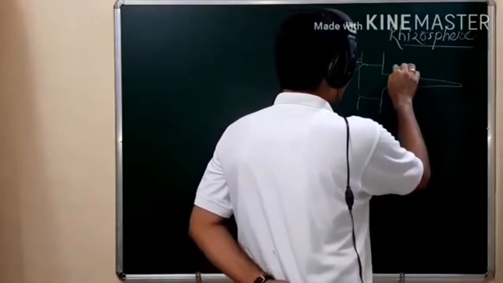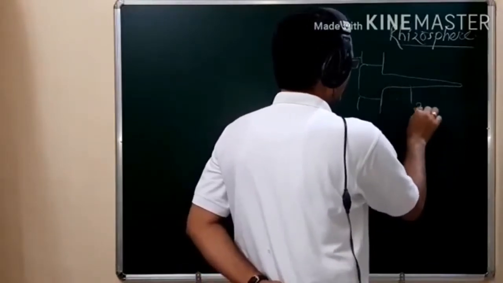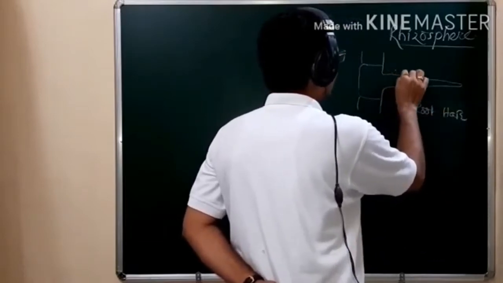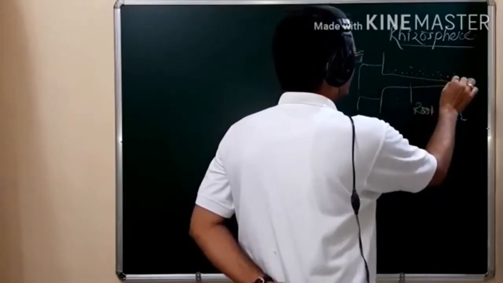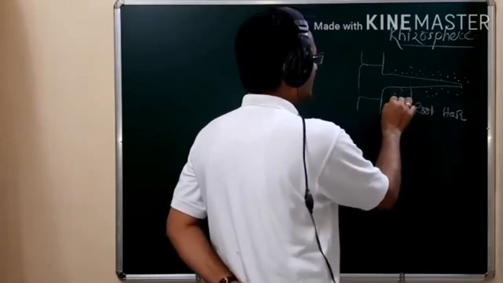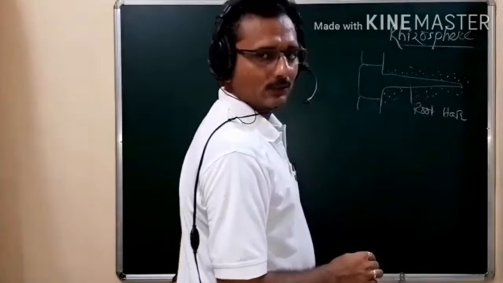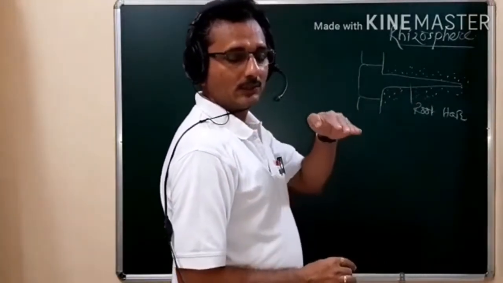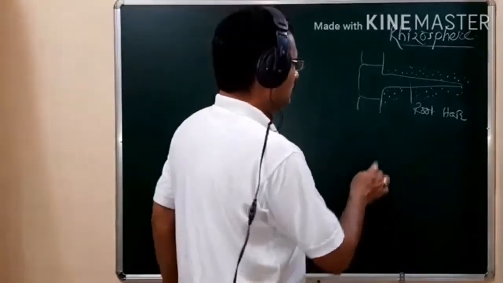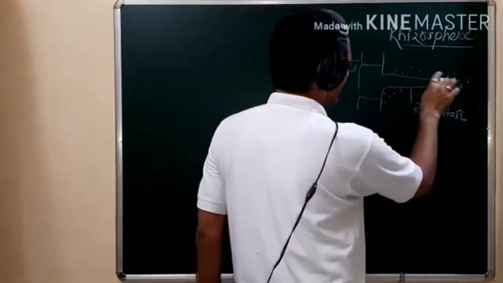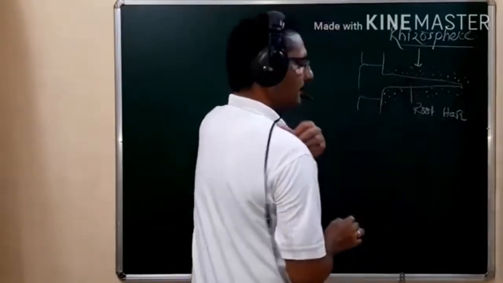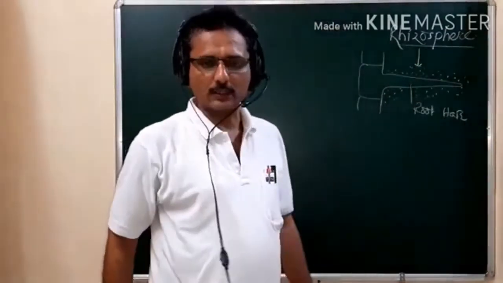Whatever area is present around this root hair is the soil solution, or the rooting medium. In that rooting medium, the root hairs are inserted. So this peripheral region of the root hair is called the rhizosphere.